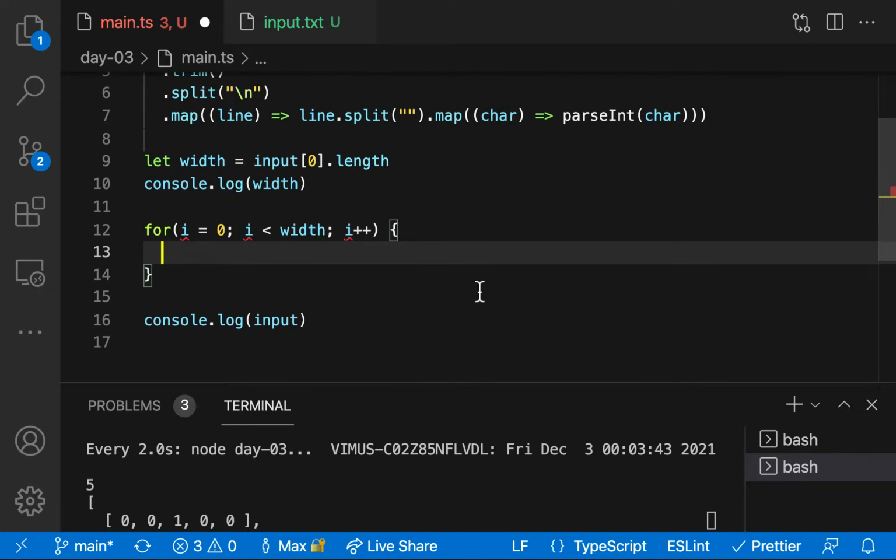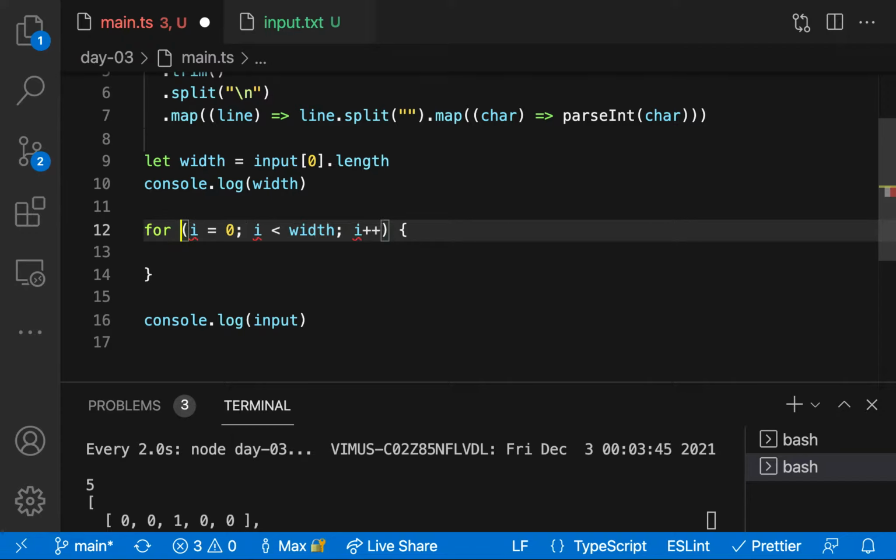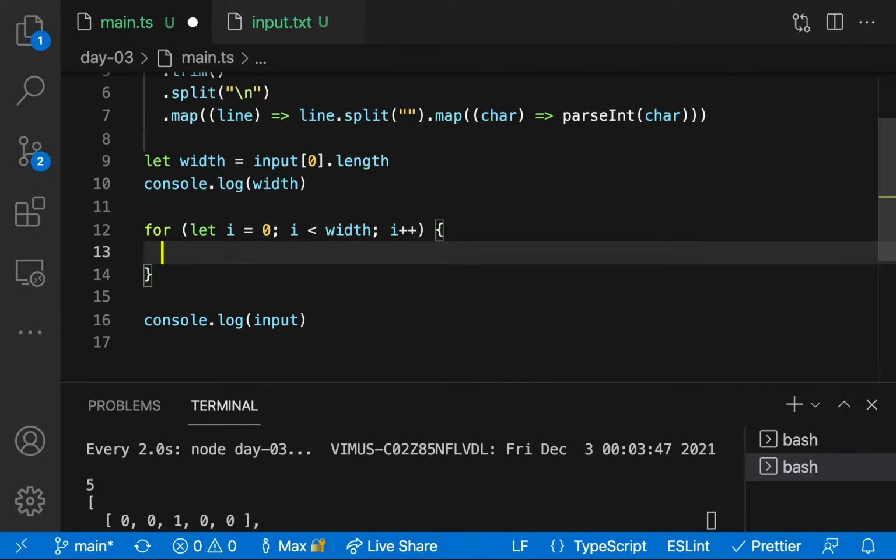And we'll say, I think it was gamma rate equals something like this.